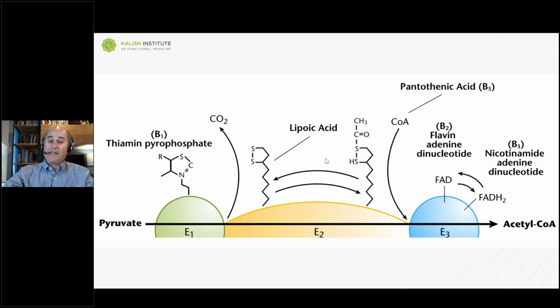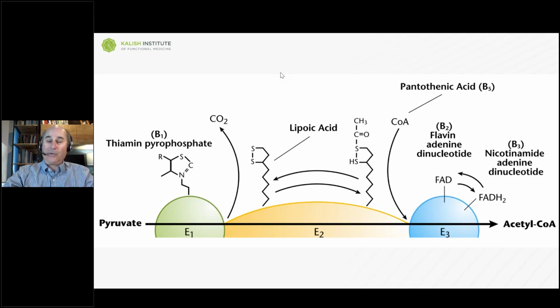Okay, so then the second part, remember I said fat burning, carb burning, and then the citric acid or Krebs cycle itself. So this is the major enzyme involved in carbohydrate burning. It's called pyruvate dehydrogenase, and it takes pyruvate and converts it into acetyl-CoA.